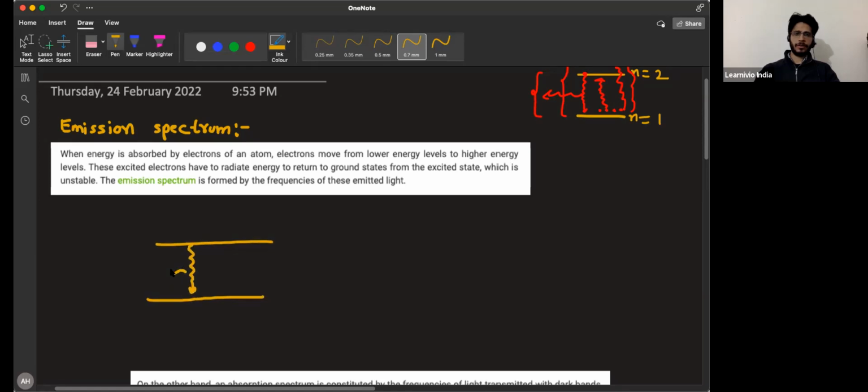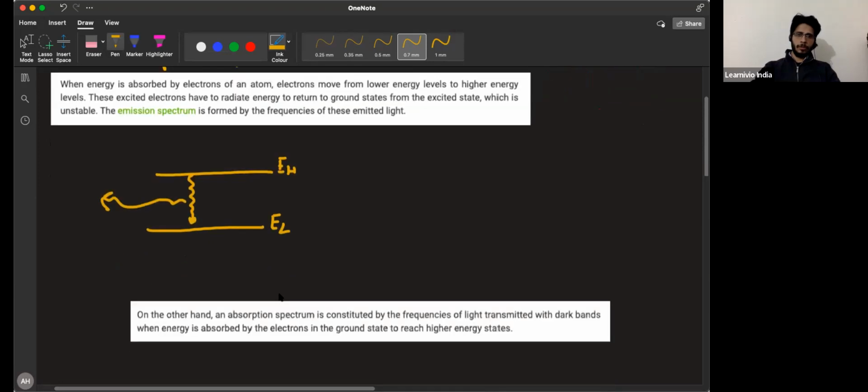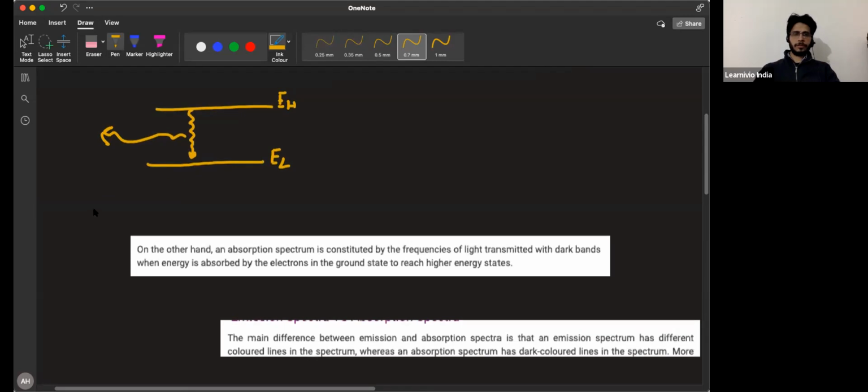They emit some radiation. Can I scroll it? Yes, sir. This is for the absorption spectrum.